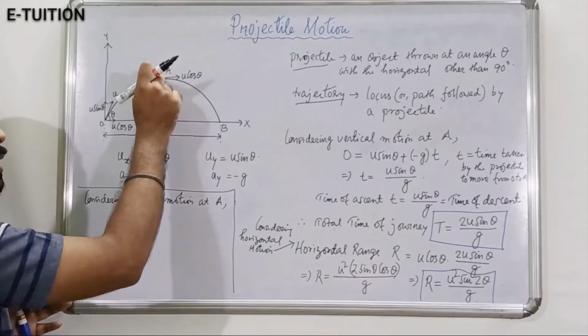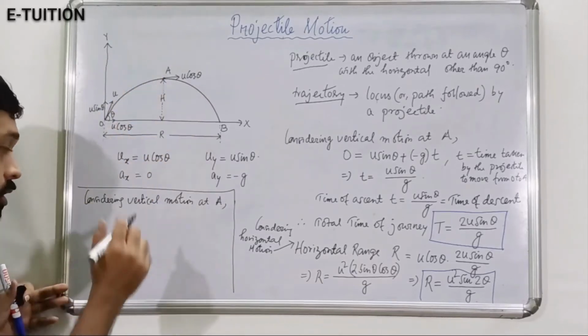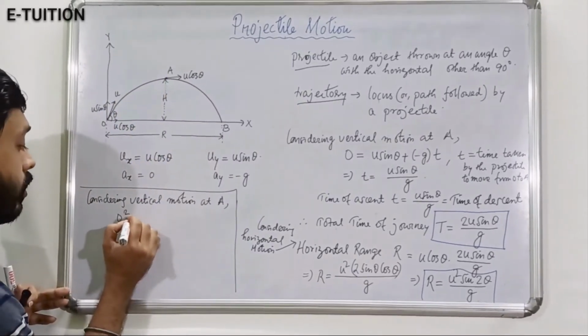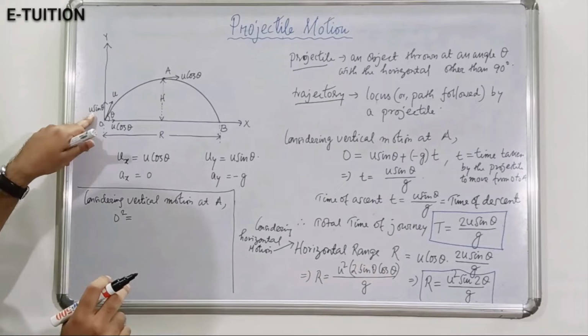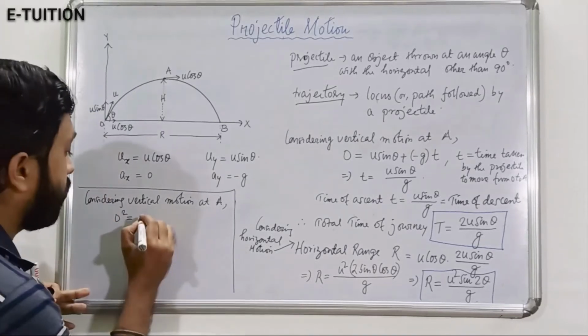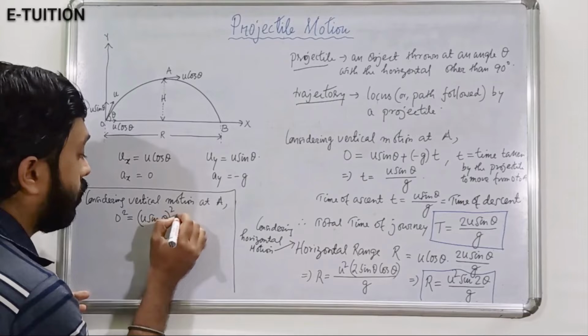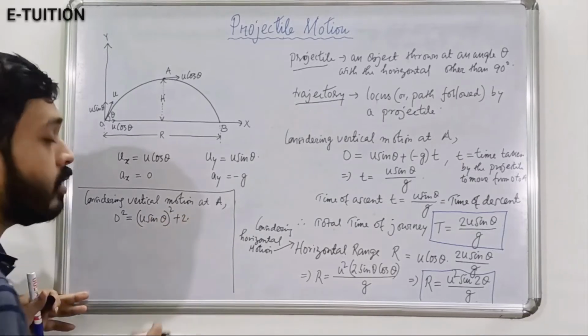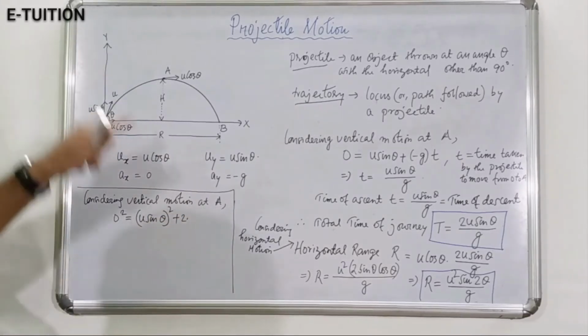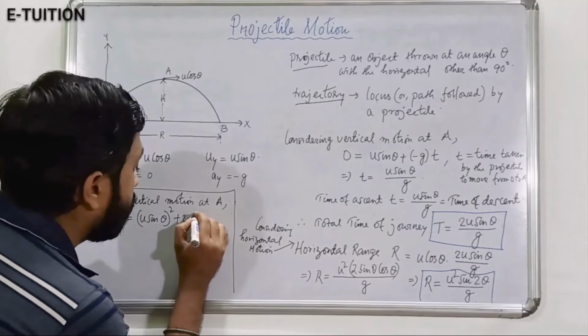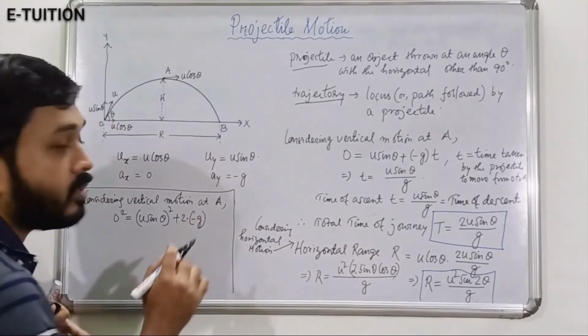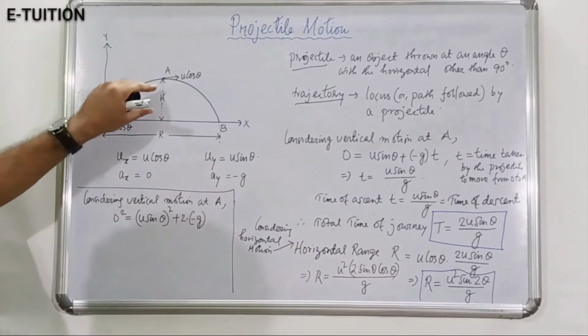Final velocity v is 0 in vertical direction, so 0 square equal to initial velocity, which was u sin theta in the vertical direction, so u sin theta whole square, plus 2 into a, where acceleration in the upward direction was minus g. And what is s? The height ascended is h.